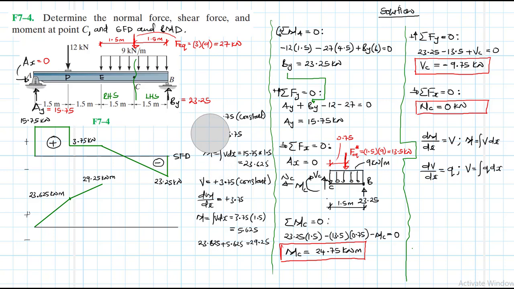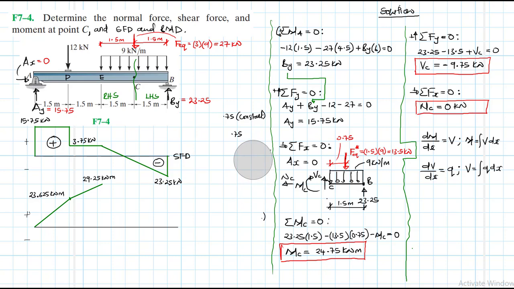Let's check what happens. Let me wrap this so that we continue from where we are. So we have this part here, this triangular. We don't know where it crosses the, we can call it the x-axis.